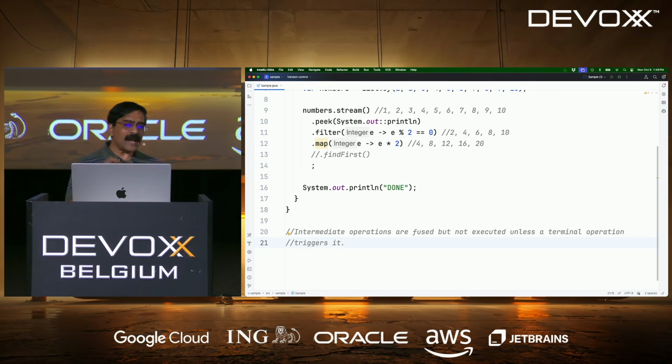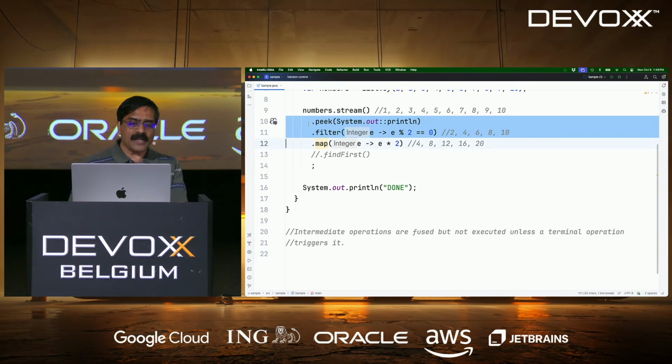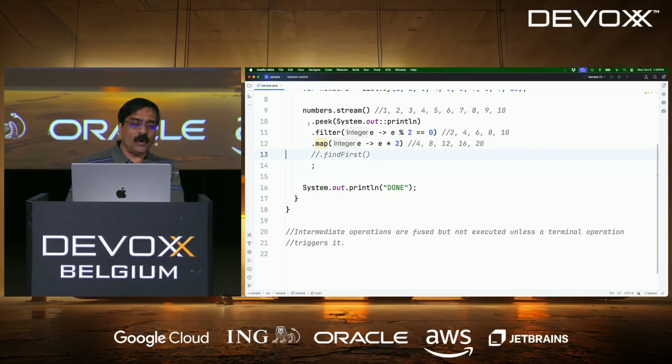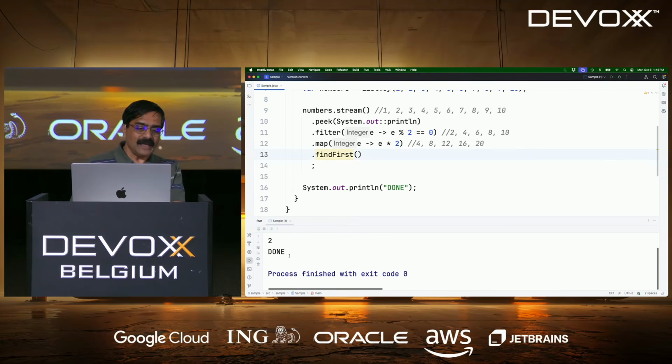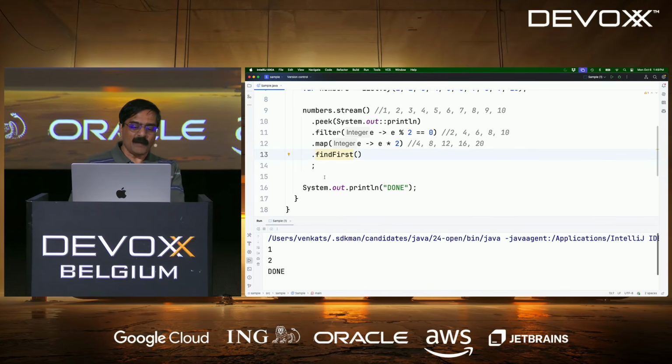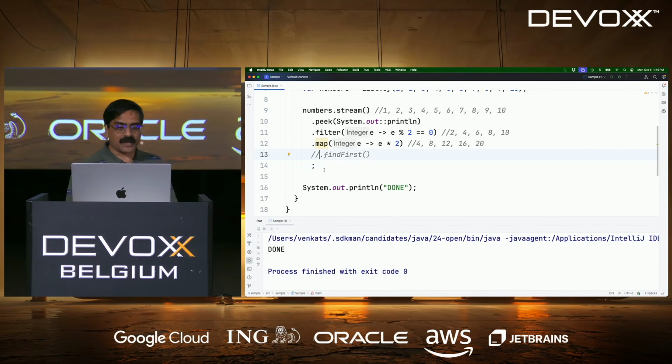So the triggering has to happen from the terminal operation. So in this case, even though these were fused, there is no terminal operation to execute. So when you run the code, it simply printed done. It never displayed the result of peek. If you bring in the terminal operation, then you see the result of peek, but not otherwise. That further illustrates the laziness in this computation.